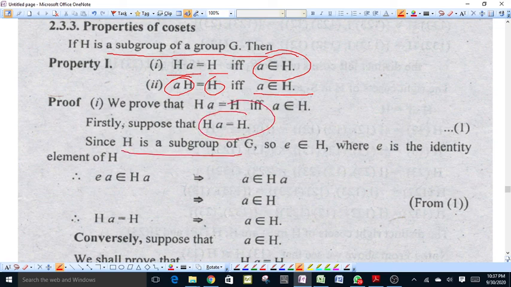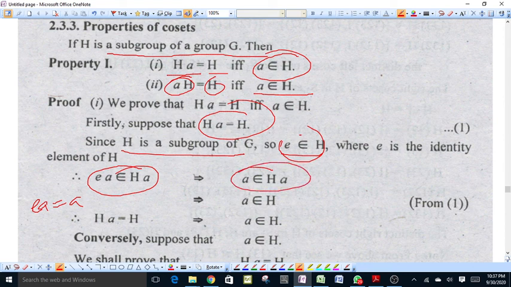Since H is a subgroup of G, the identity element e belongs to H, because the identity element of G is also an identity element of H. Now ea belongs to Ha, because the identity element e belongs to capital H. Because ea is equal to a, this means a belongs to Ha.